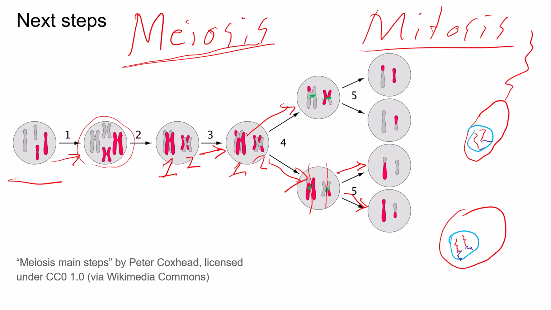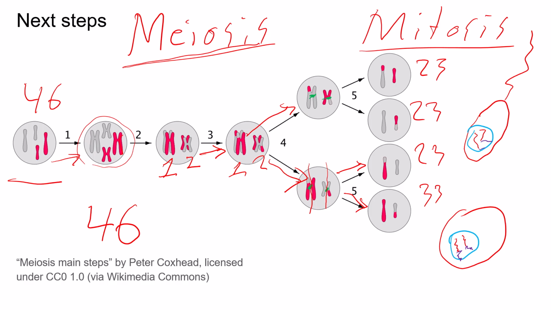Now, you remember in a regular cell, there are 46 copies of chromosomes. But after meiosis, you only end up with 23 in each one.